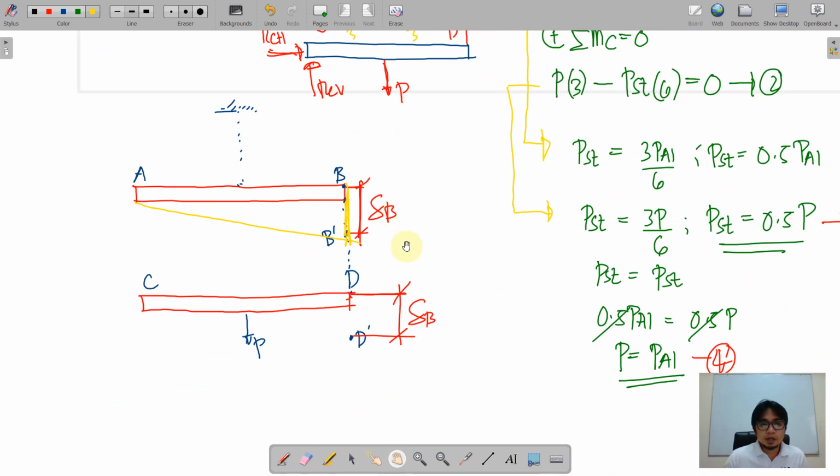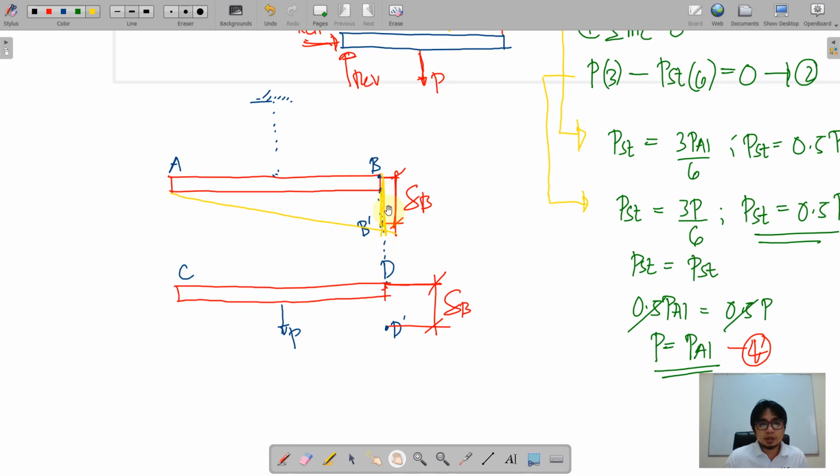Steel bar. Assuming that the steel bar is rigid or is not subject to any deformation or elongation. If you are going to pull this down, of course it will remain at C. It will come down. So whatever the vertical displacement here is also the displacement here. That is why if this is delta B, this is also delta B.